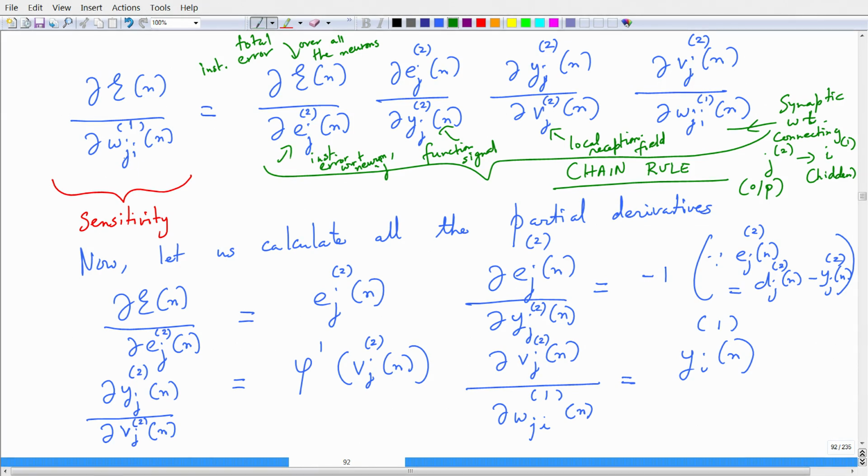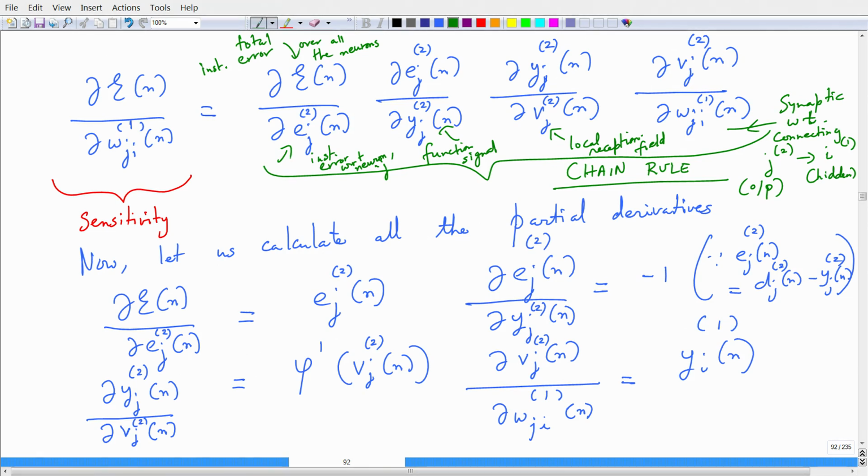With respect to that, we need to compute the partial derivative, and that can be broken down into these 4 pieces. The total instantaneous energy with respect to the instantaneous energy at neuron j, the instantaneous energy at neuron j with respect to the functional signal at neuron j, the derivative of the functional signal at neuron j with respect to the local reception field at neuron j.